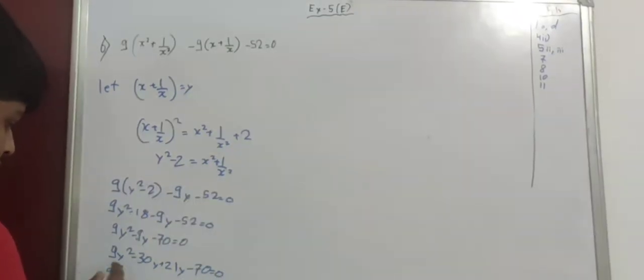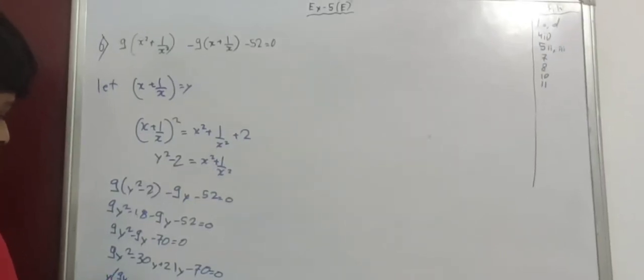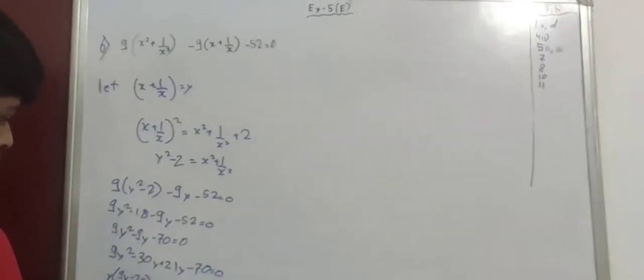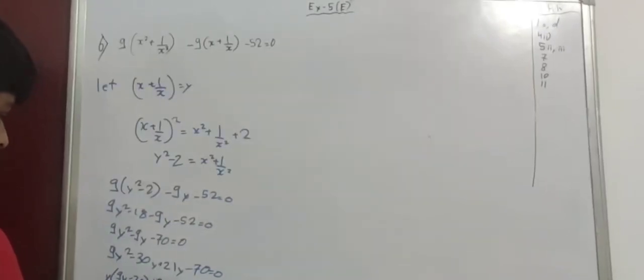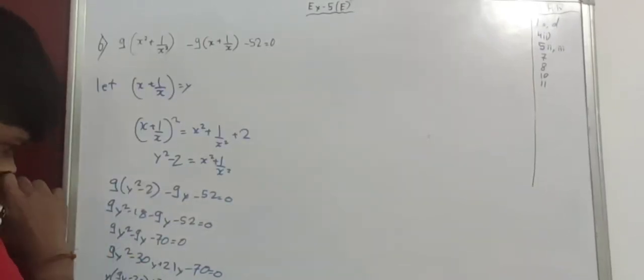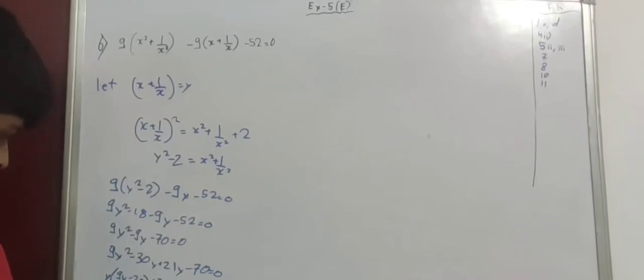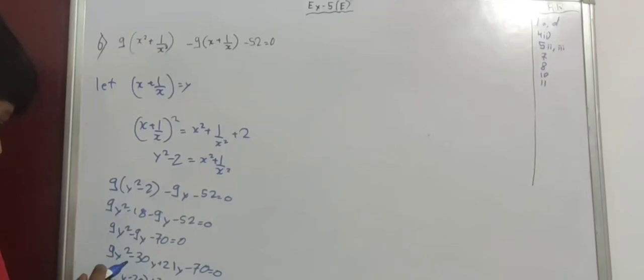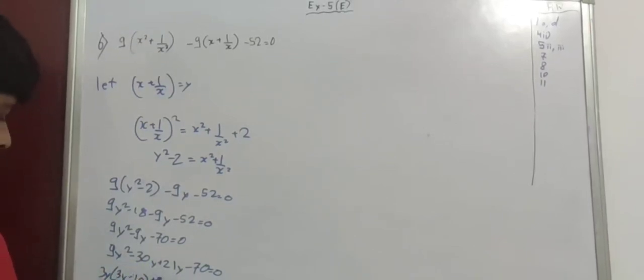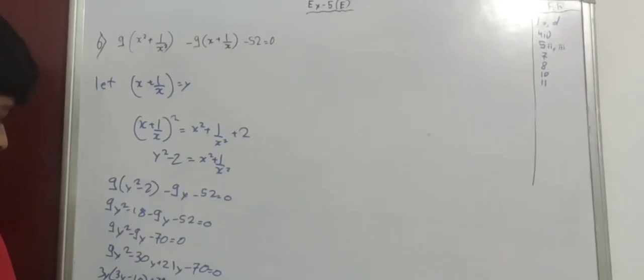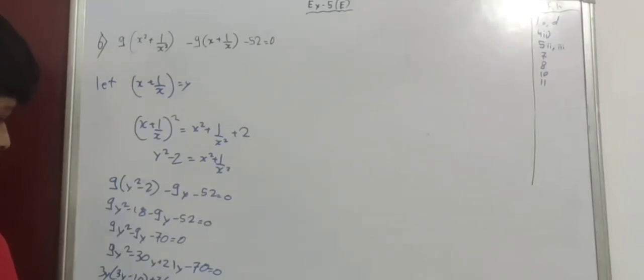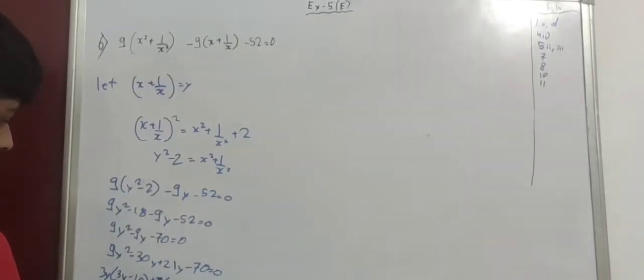Group it, and you have y into 9y minus 30 plus 7 into 3y minus 10. Here 3 will be out. You have y into 3y minus 10, and here 7 will be out.